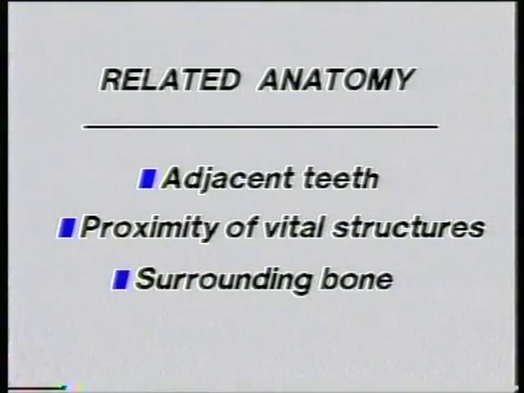Finally, all these structures we have been considering are held in relationship to one another by bone. The quality of that bone, that is its density, varies between individuals, and sometimes indeed between different sides of the mandible. How easy is it to assess bone density on a radiograph?